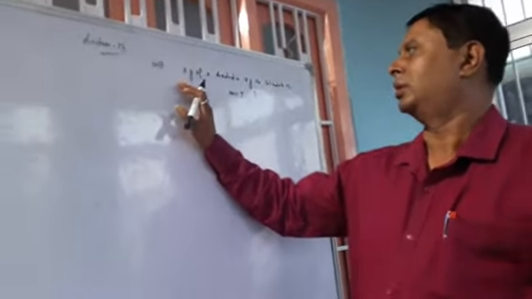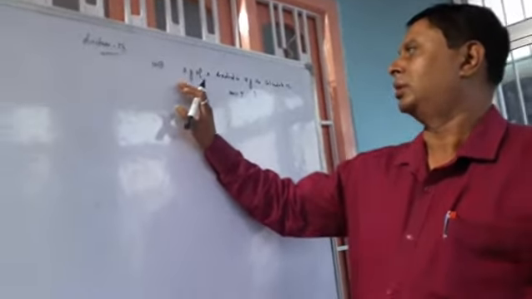So 2 gram of solute is dissolved in 18 gram of water, so the total mass of solution is 20 gram. Now we have to find the mass percentage. Mass percentage is mass of solute divided by mass of solution into 100. That is 10%. The answer is 10%.